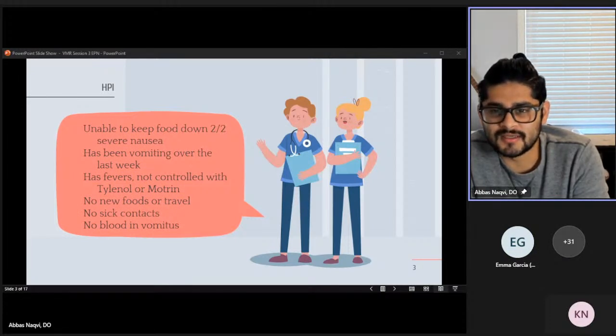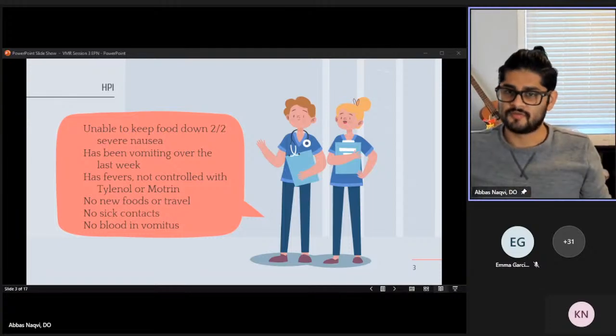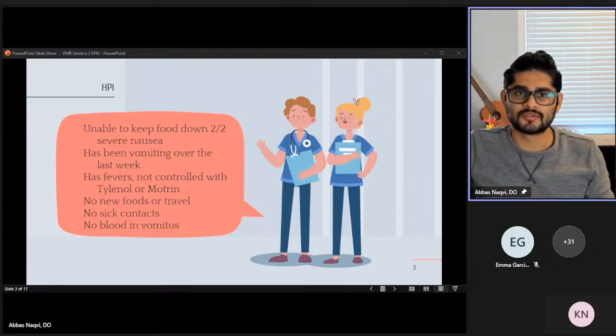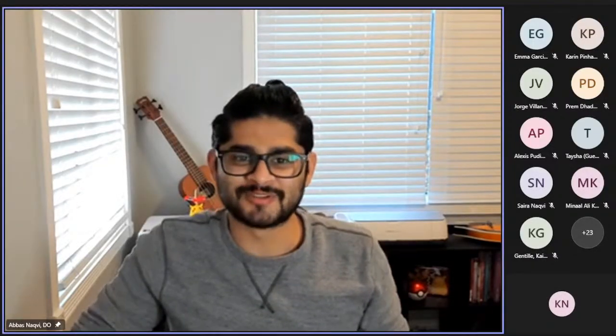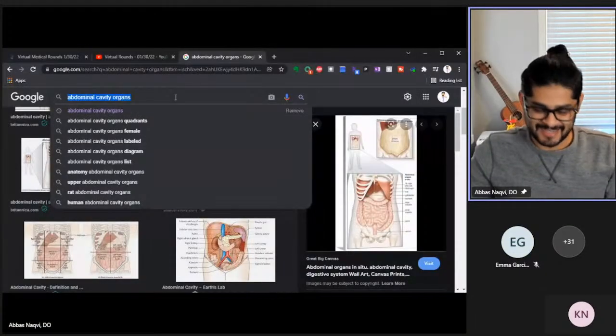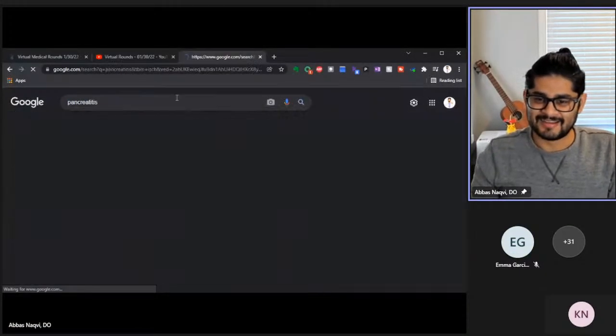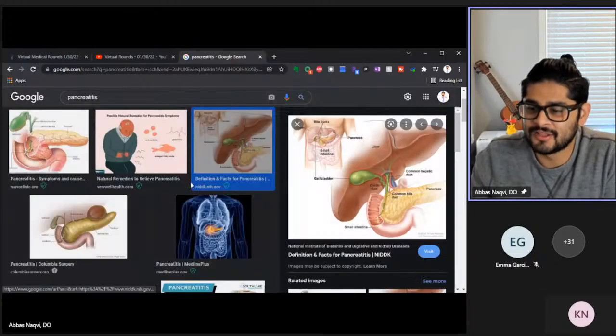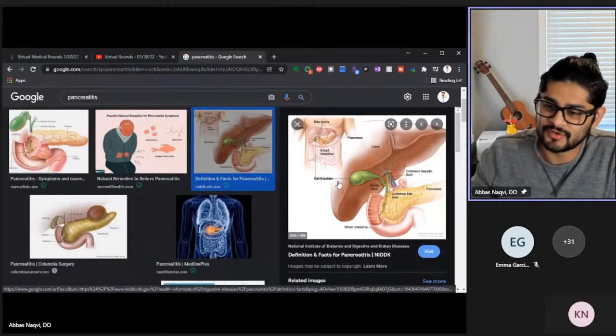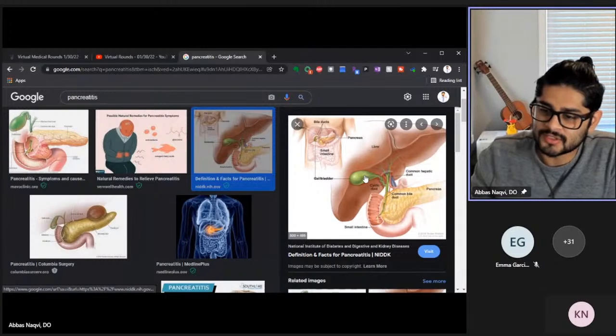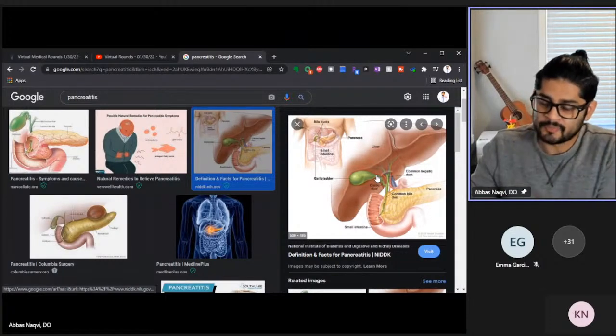But the most common cause of pancreatitis is, one, a gallstone. Switching screens is going to get so annoying so quick. So if you look at your biliary tree, your liver is over here, and your gallbladder is tucked underneath the liver.